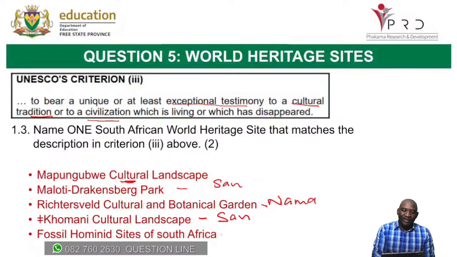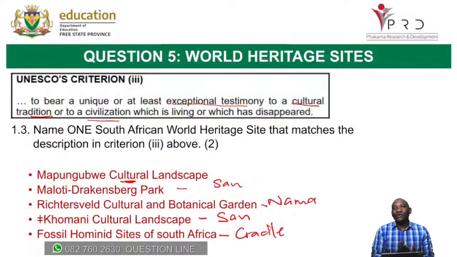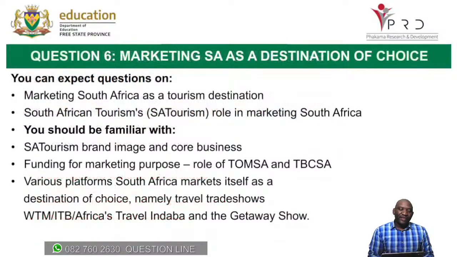And then the fossil hominids of South Africa, we said that this is actually the cradle or the place where life began. So all these particular places, they meet criterion number 3 for them to gain the status of being a World Heritage status. Right. Now we are moving on to another question.